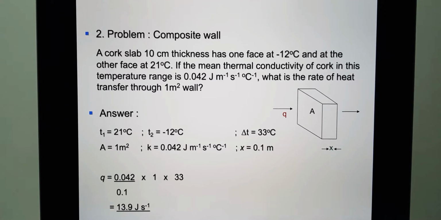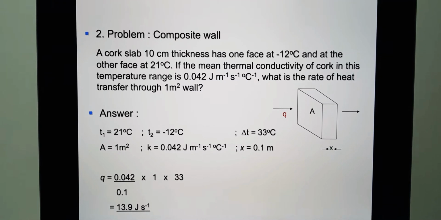If the mean thermal conductivity of this cork in this temperature range, meaning between 21 degrees Celsius and negative 12 degrees Celsius, is 0.042 joule per meter second degree Celsius, then what will be the rate of heat transfer through 1 meter square wall?